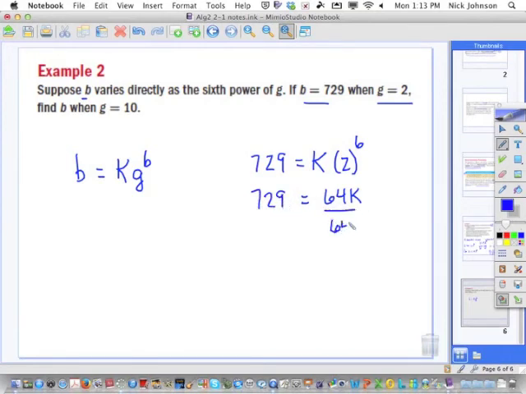And divide by 64. And my constant of variation is 729 divided by 64, which is 11.39.